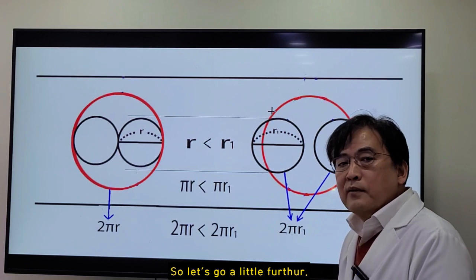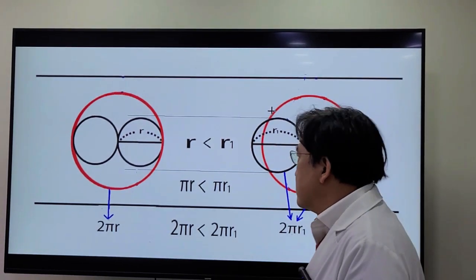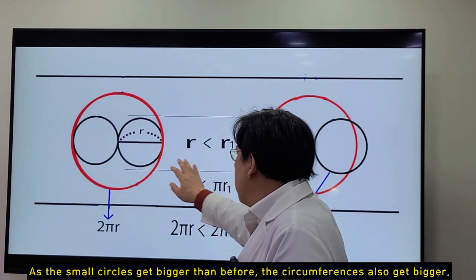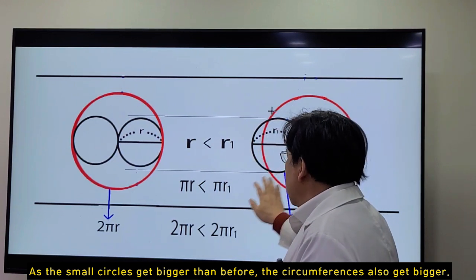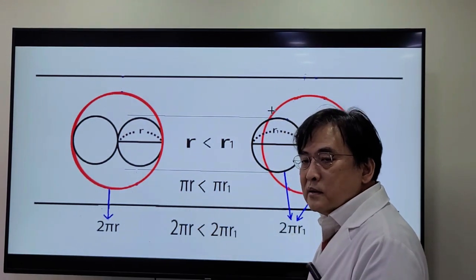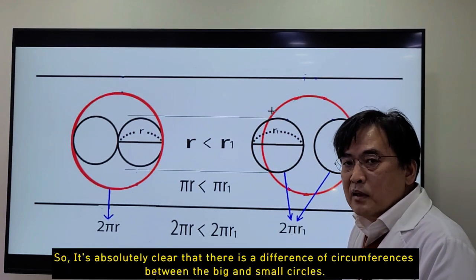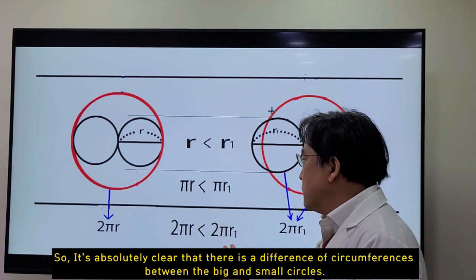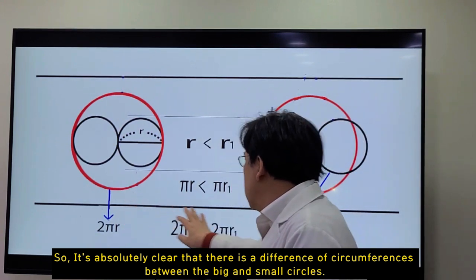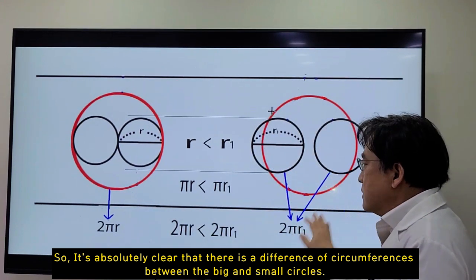So let's go a little further. As the small circle gets bigger than before, the circumference also gets bigger. So it's absolutely clear there is a difference of circumferences between big and small circles.